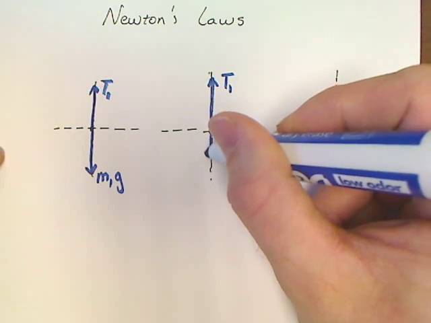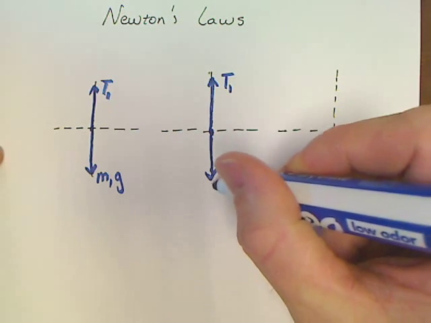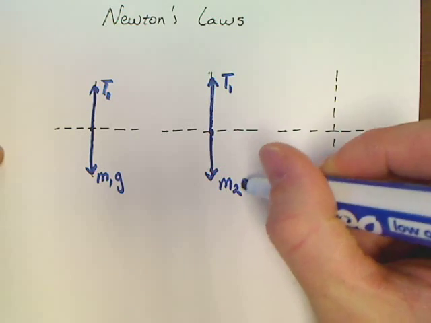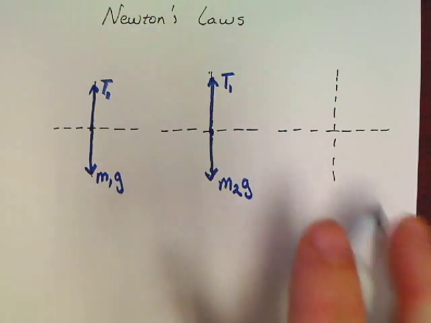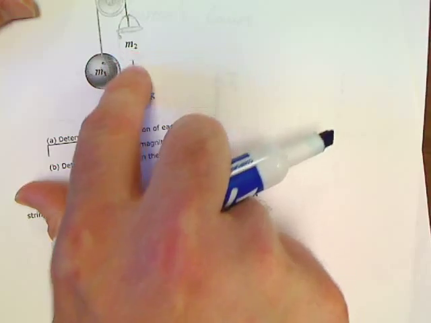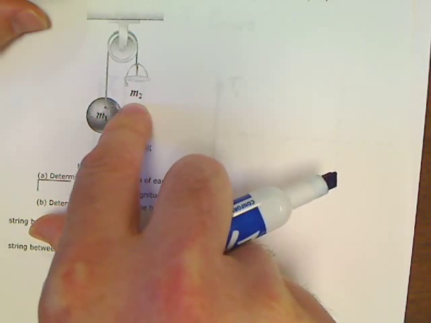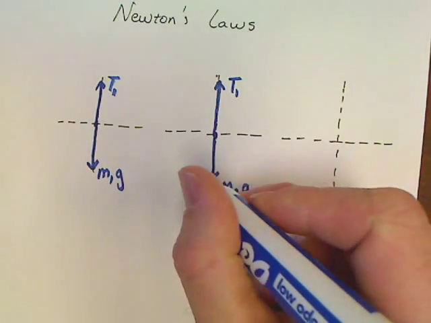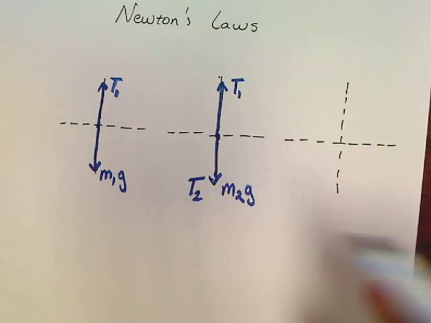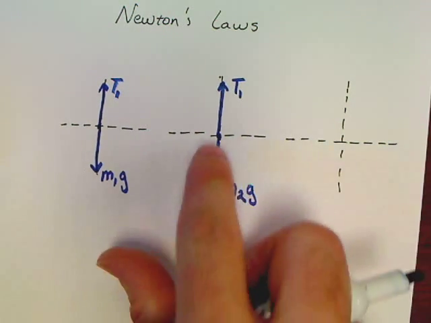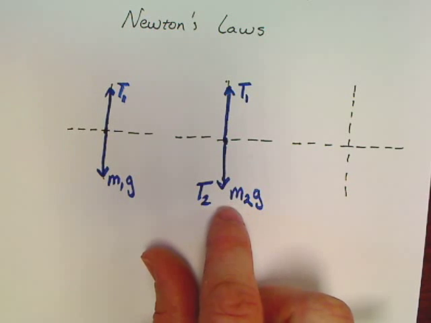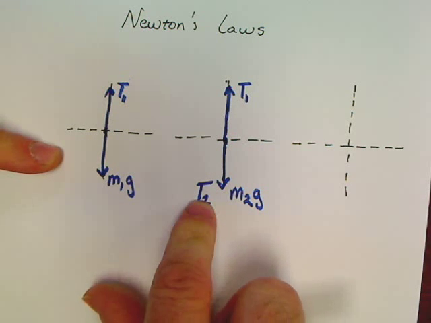So let's draw our M2G down. But here's the thing. There's also a rope attached to the bottom of this second object, which means there is also a T2 down on this one. So that's where this one comes in. You've got an M2G down, plus there's a rope.